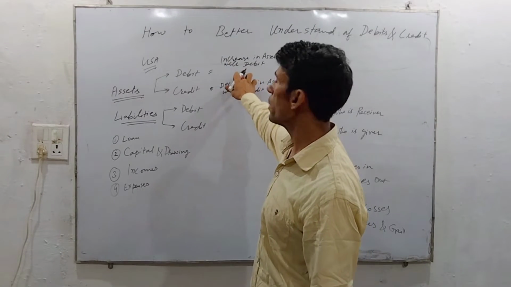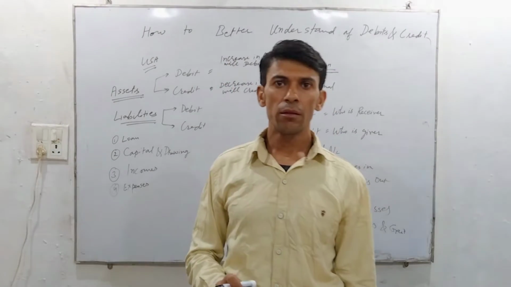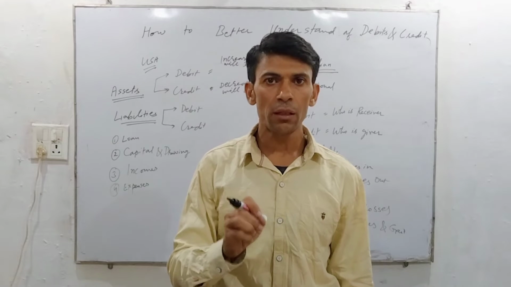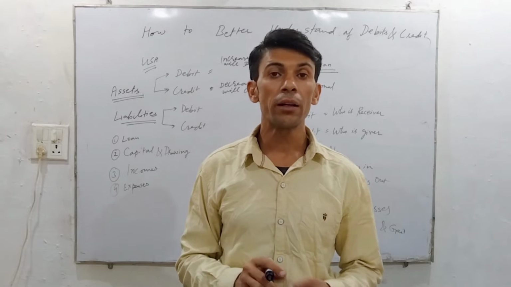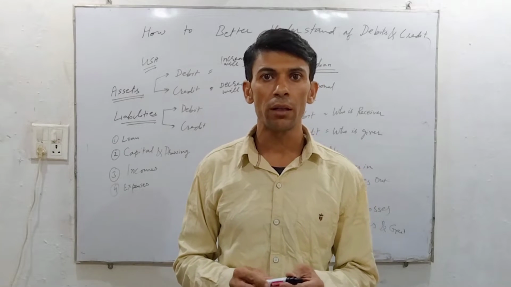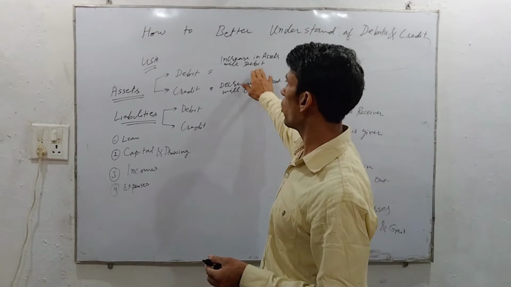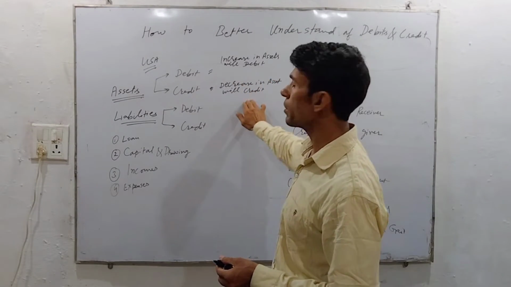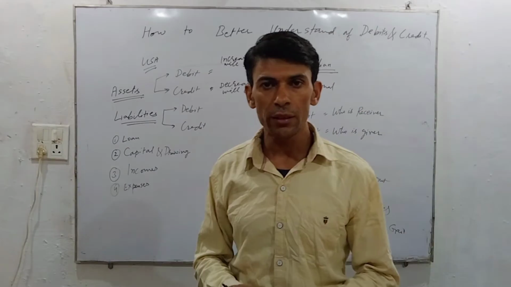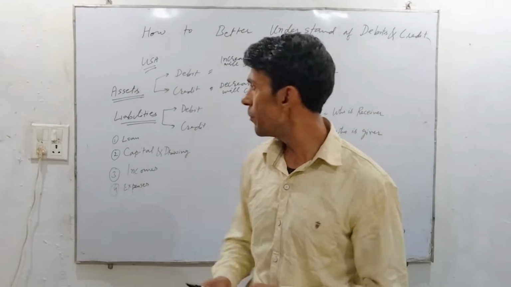If we see that an asset comes into the business and increases the value and quantity, that account will be debit. And if we see the asset has decreased, we will credit it.